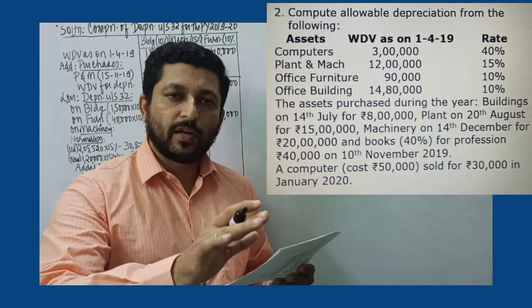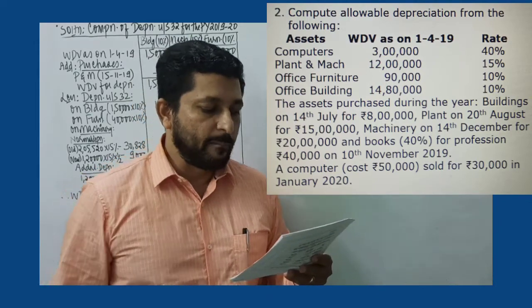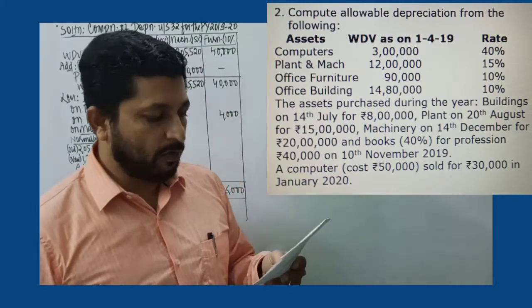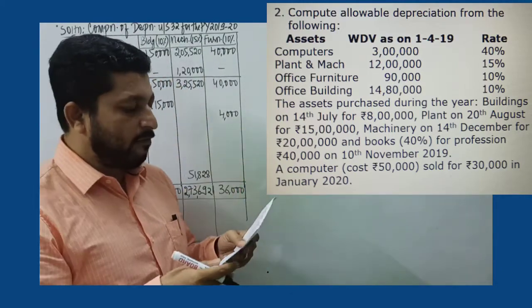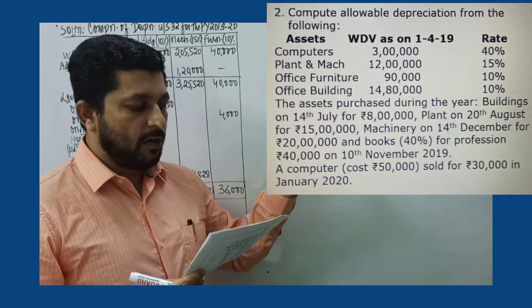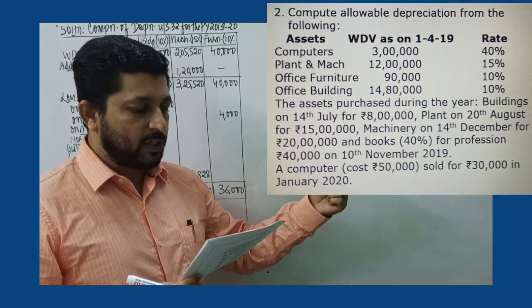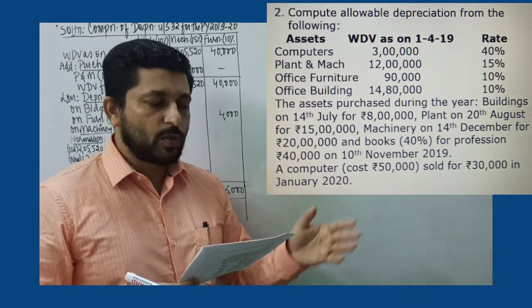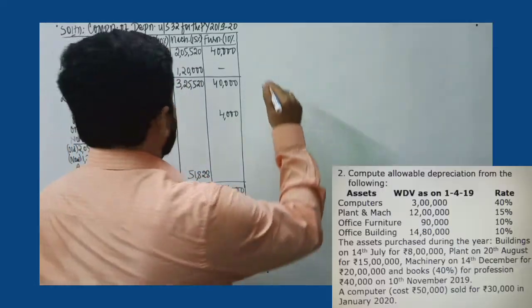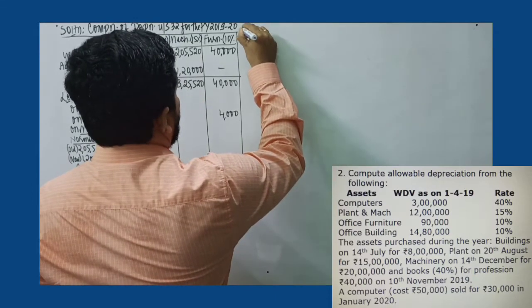So cost value is irrelevant. Sale proceeds of computer is 30,000. That is what we will look at. So in this particular problem, we have 5 blocks of assets: computers, plant and machinery, office furniture, and office building. Then after that, there is books as well. So there are 5 blocks of assets, and we will take each of the blocks.